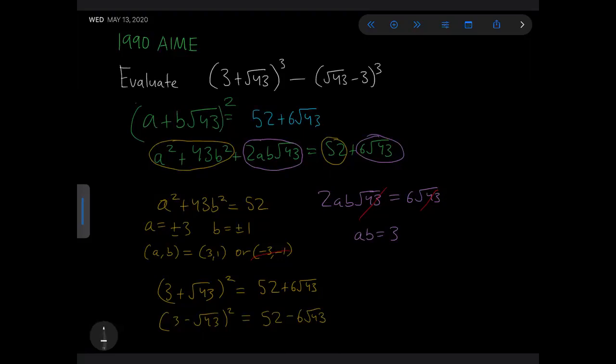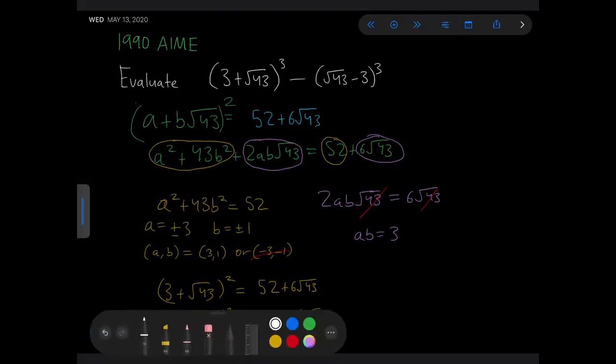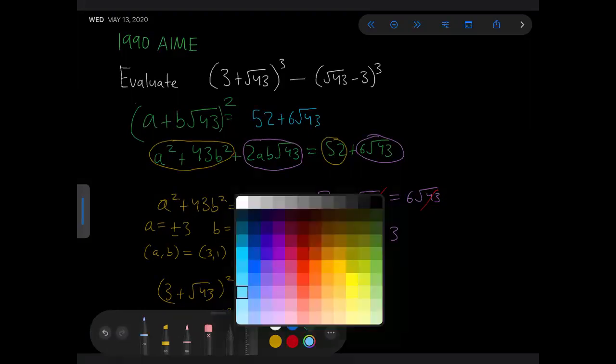Now, if you guys don't know your difference of cubes, you should definitely at least memorize this. So let's just evaluate this, right? And in case you guys aren't familiar, here is the difference of cubes.